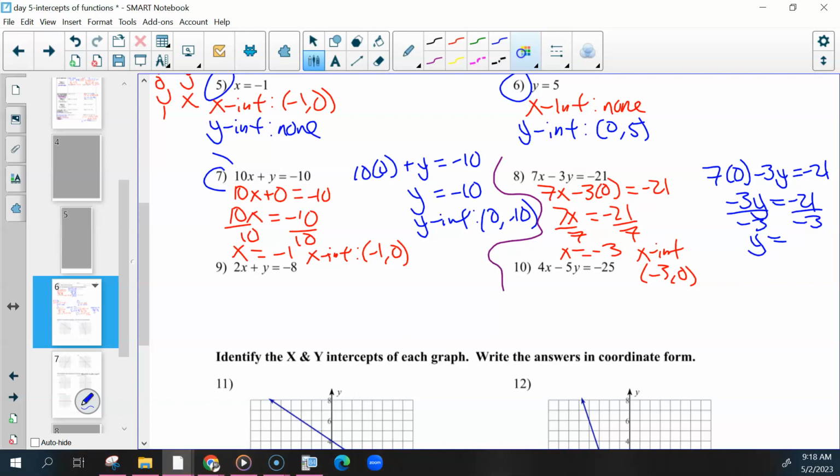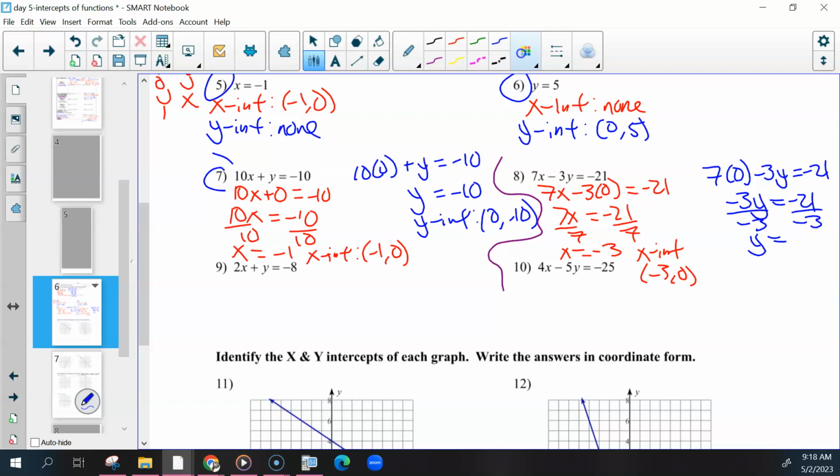What would that value be? Negative 21 divided by negative 3.